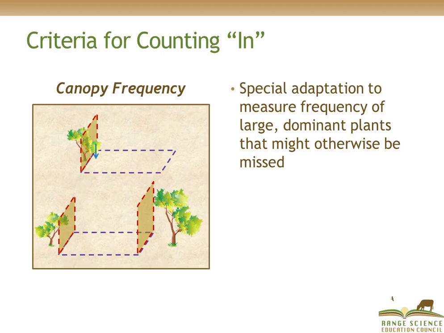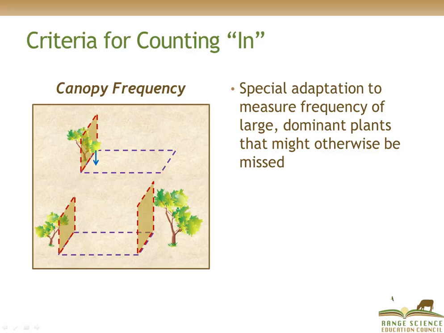So here we see an example with a tree that has canopy that is hanging over into the quadrat, and so we would count this one as being in the quadrat.